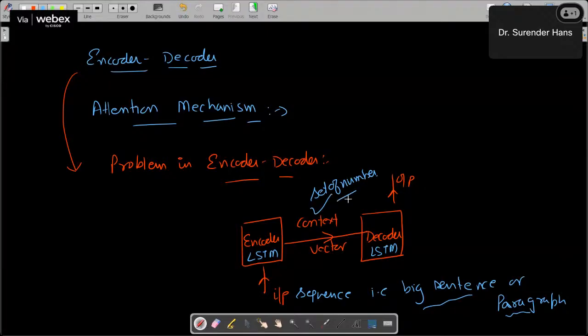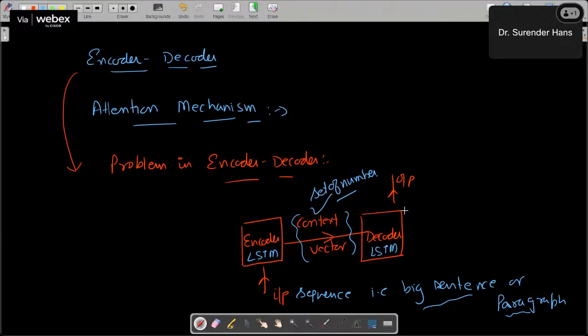In this set of numbers you store the summary, the compact representation that you call a context vector. Since this context vector was not being formed correctly, the decoder was also not able to generate the words correctly.